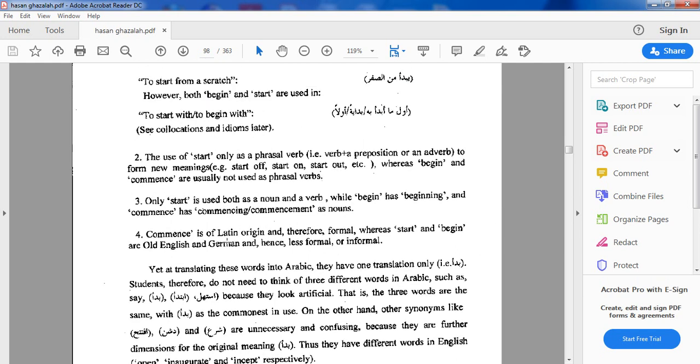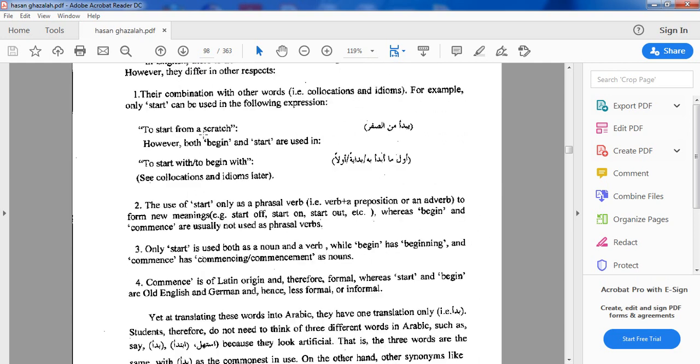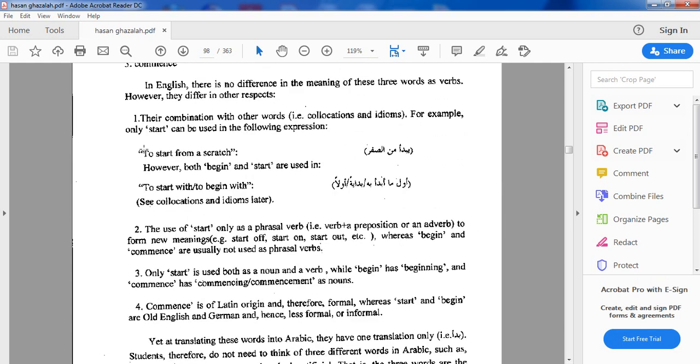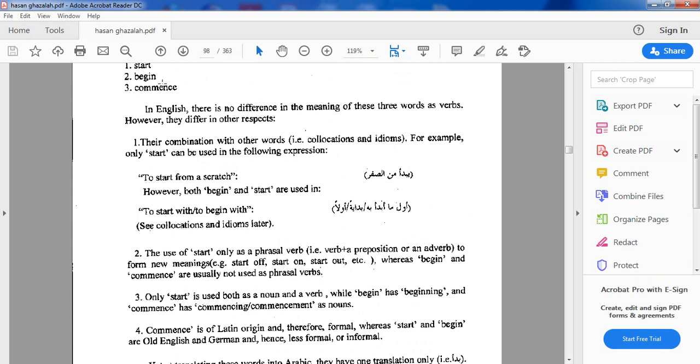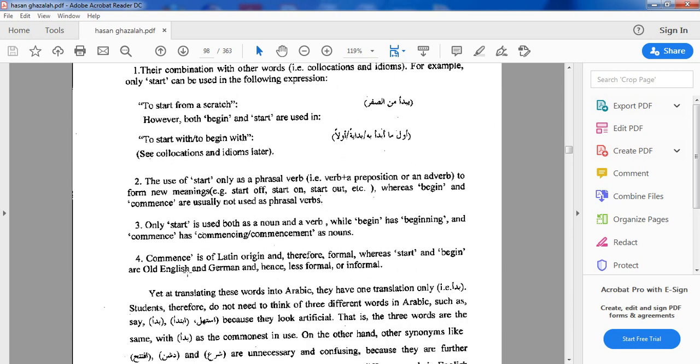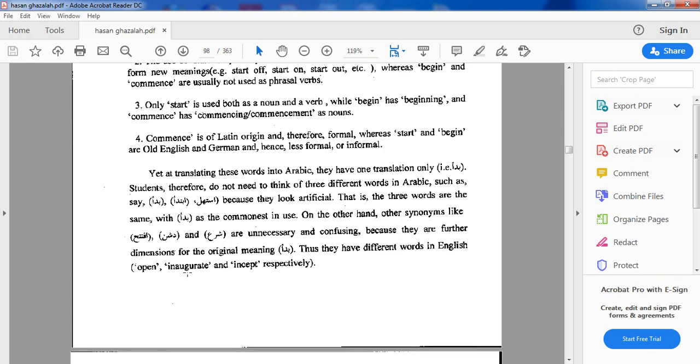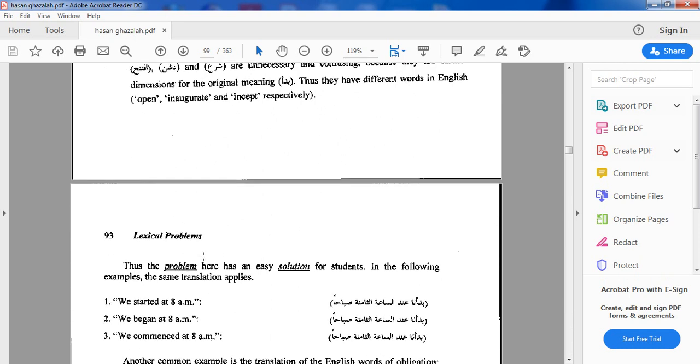You have to check it. You have to find what's the difference. It is good for you to find the difference among those words: start, begin, commence. Actually, we want to find the solution for this. We have, as he says, identical meanings. So how to solve this problem?